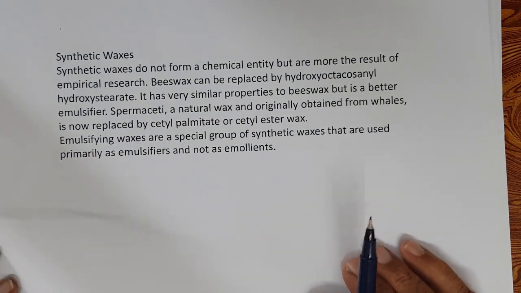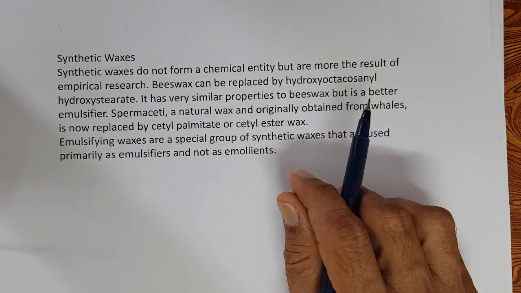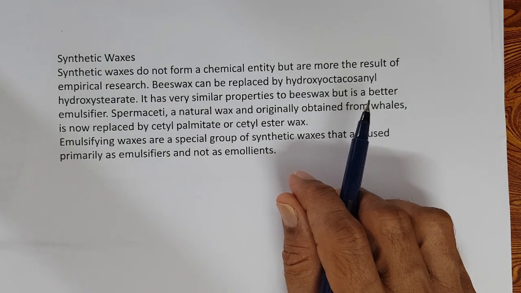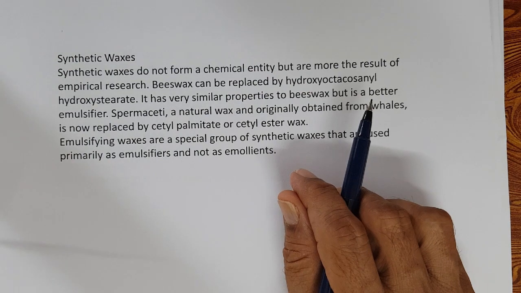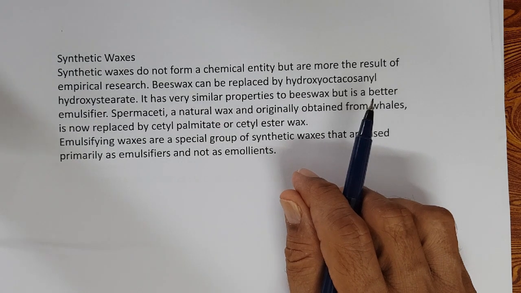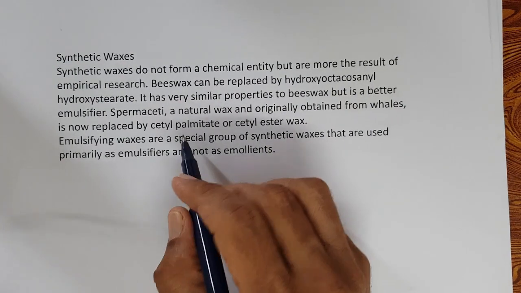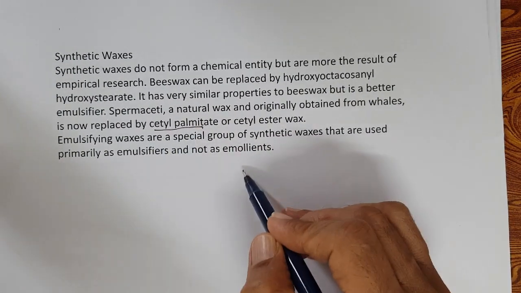So synthetic waxes. See, most of the emollients synthesized are liquid. Some of them are waxes also, like cetyl palmitate. Cetyl palmitate is cetyl alcohol and palmitic acid ester. It's like a waxy substance. So they are all called synthetic wax, right? Cetyl palmitate.